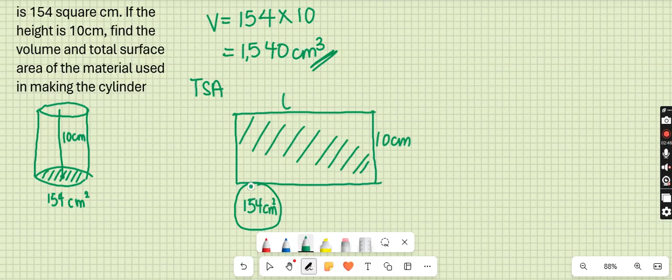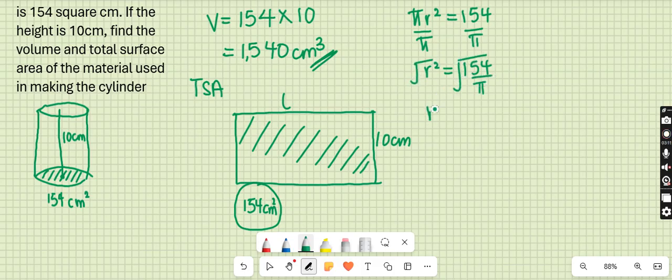But we can deduce it from the area of the circle, because the area of the circle is given by pi r squared, and that is 154. So our r squared is 154 divided by pi, so that our r should be the square root of 154 over pi.